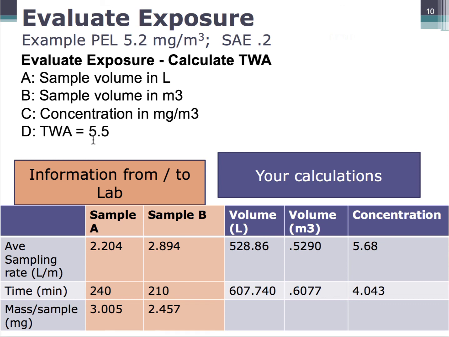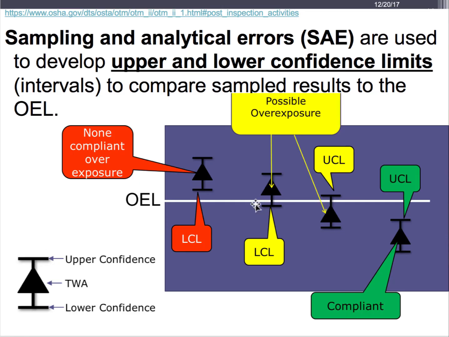Our time-weighted average was 5.5, our PEL is 5.2. But how confident are we that what we measured is actually above our permissible exposure limit? Now, our upper confidence limit is, of course, above our occupational exposure limit, but our lower confidence limit was below. So we're really unsure of what the true measurement was.